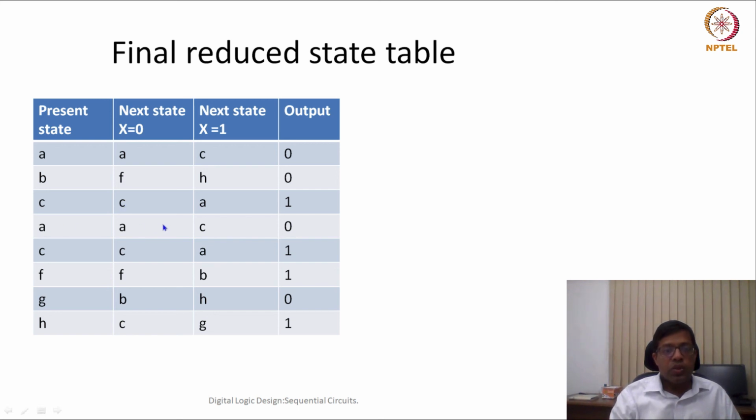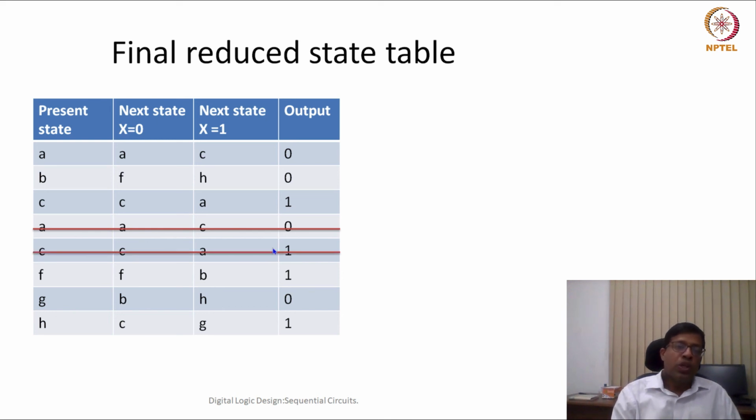We see that these two rows become redundant. So AAC 0, and we see AAC 0 here also. Similarly, we see CCA1, and here also we see CCA1, so we can remove this also. If we remove these two rows, this would be the finally reduced table.